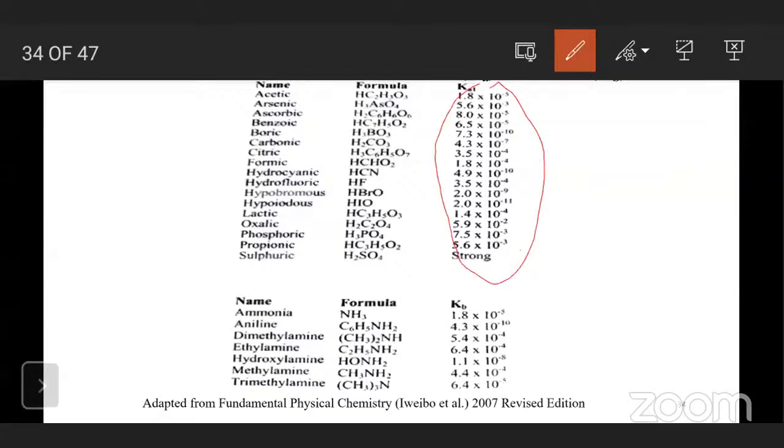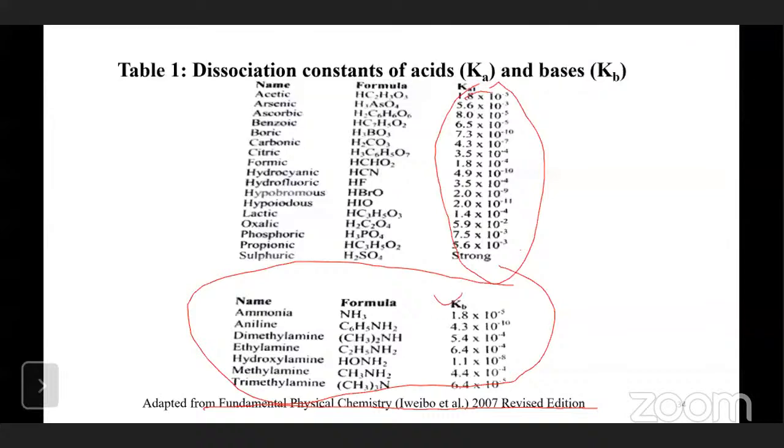That is adapted from this textbook, Fundamental Physical Chemistry by these authors, and that is the revised edition. So if you have this textbook, you can look more and check more of these values. They have been experimentally determined for Ka and for Kb. So you can go through that at your own convenience.